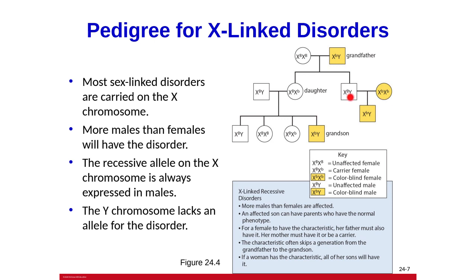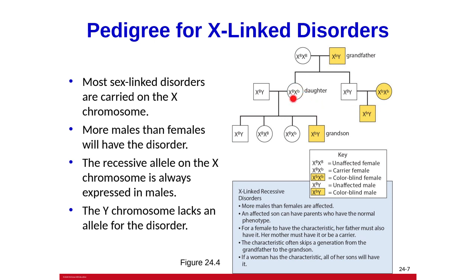So if they have a son, which is what they have here, he would necessarily 100% get the color blindness, because he passes a big Y along, and then the mother passes on X small b. So there's a 100% chance the son would get color blindness.